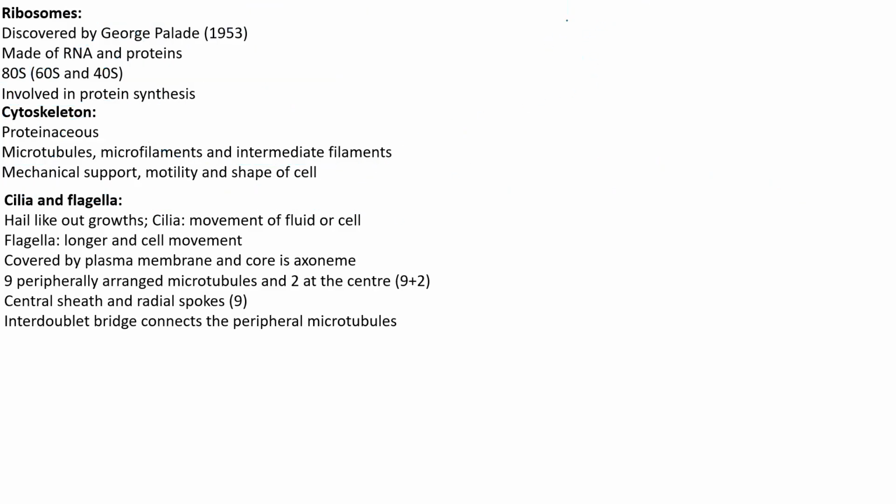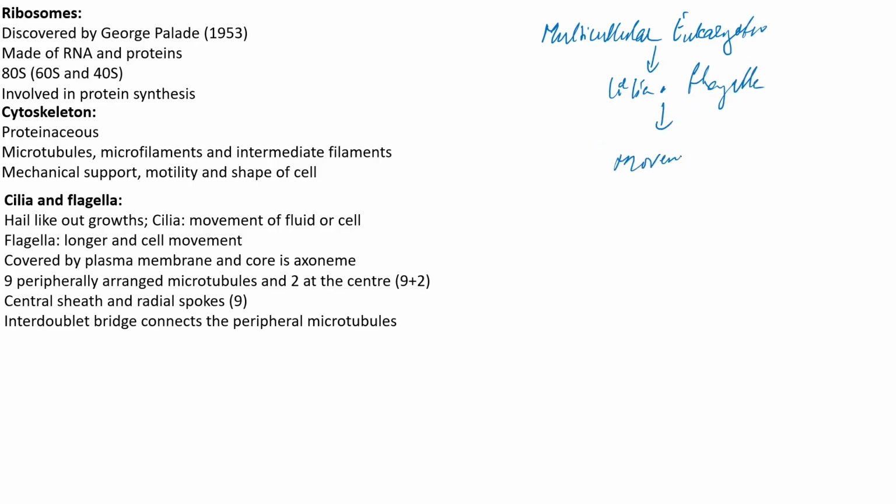So what is the function of cilia and flagella in the case of multicellular eukaryotes? They are mainly involved in the movement of particles. Remember this. For example, in the fallopian tube, the egg is non-motile.